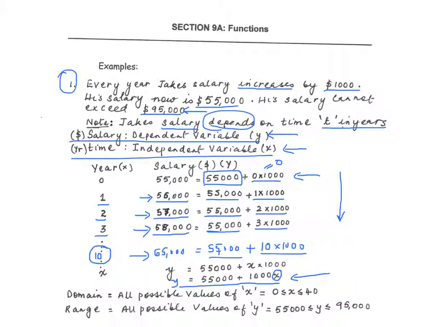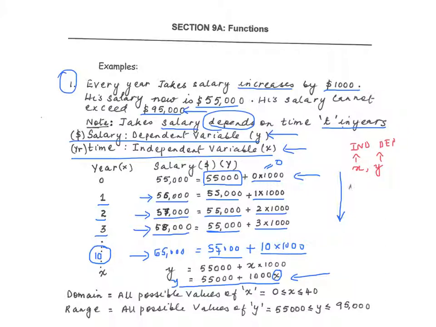We call it a function because, if you recall, the definition of a function is the relationship between two variables X and Y, where x is the independent variable and y is the dependent variable.